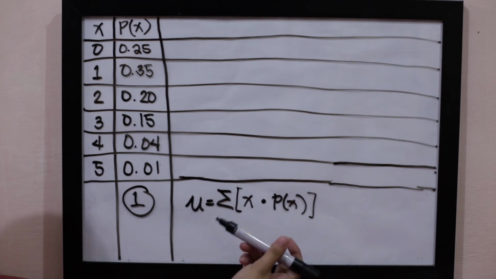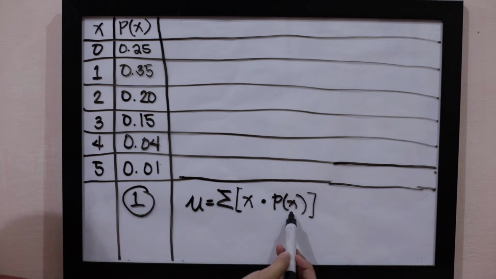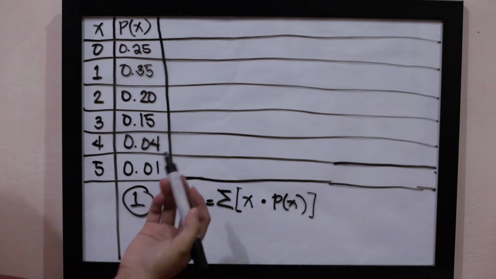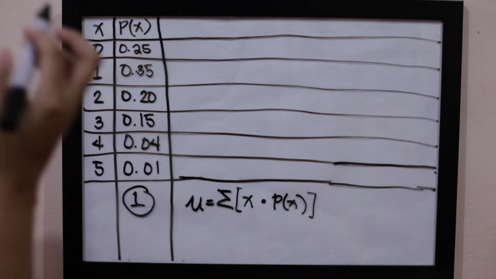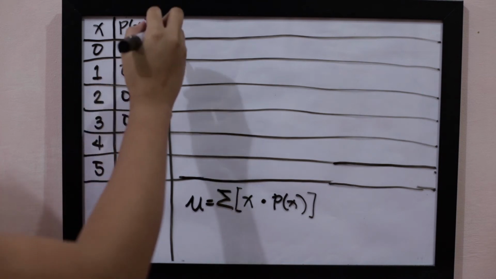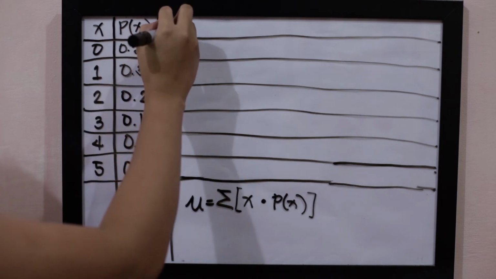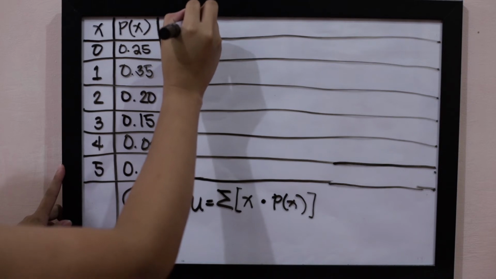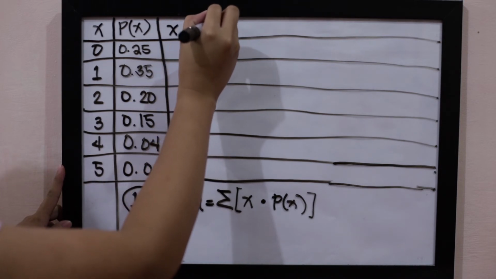So, meaning to say, we have to multiply each value of x to its probability and get the sum of it, and that will be the mean. So, what we're going to do is we add an additional column, wherein the column signifies the x multiplied by the probability of x.